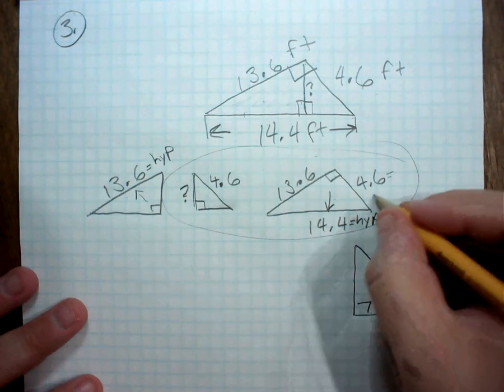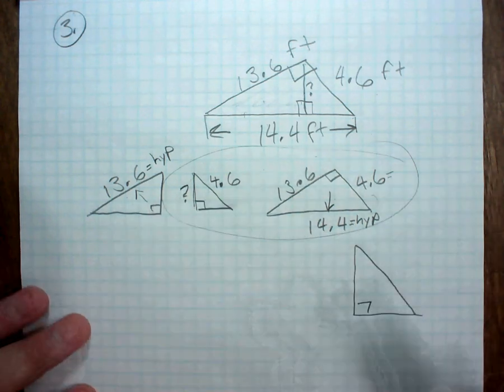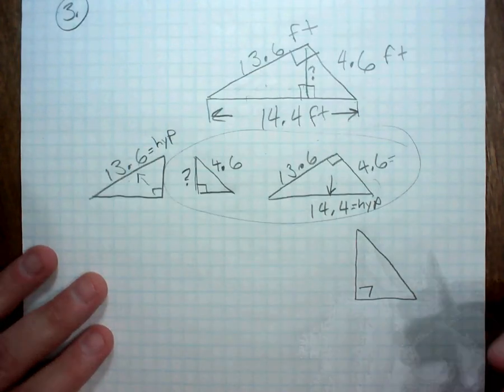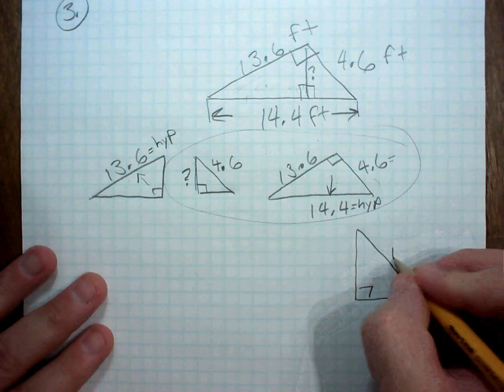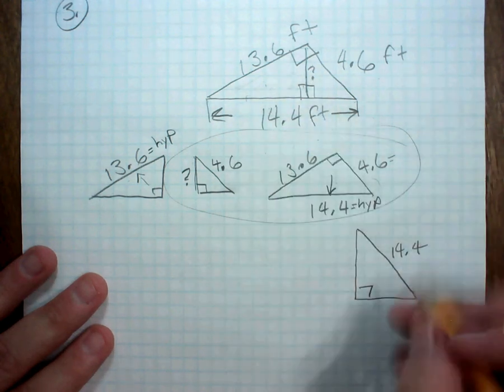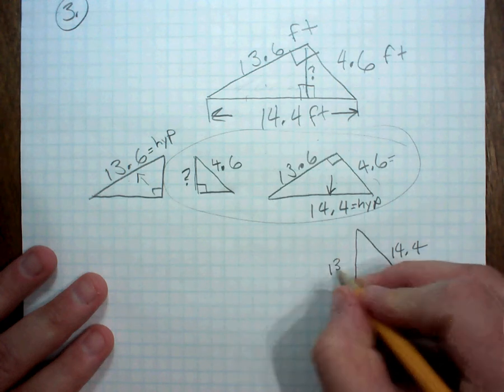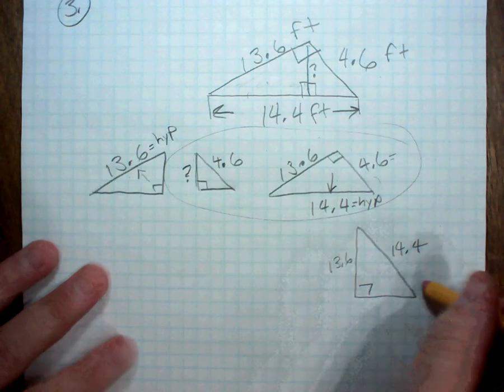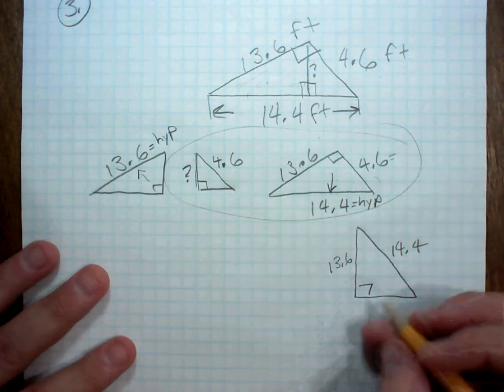In other words, I'm going to flip, rotate, and reflect this triangle as best I can. Okay? So this is the hypotenuse, 14.4. This is clearly the longer side, which is 13.6. And this, which doesn't look like it's longer, but it is. And then this is 4.6.